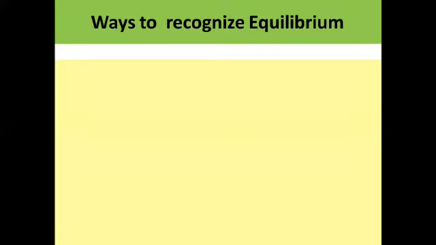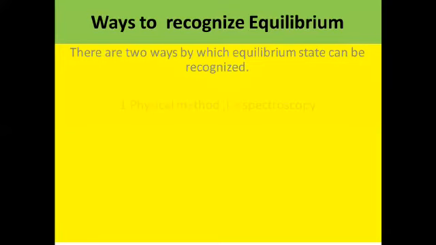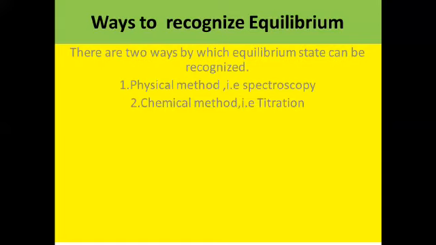There are two important ways by which we can recognize it. First one is the physical method. An example of a physical method is spectroscopy. It means by a spectroscopic technique we can recognize the equilibrium state. But this spectroscopy, inshallah, you will learn in detail in first year. Second is the chemical method. An example of a chemical method is titration.